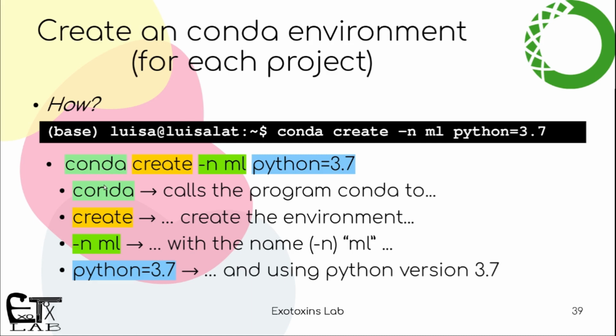Then I say conda create the environment with the name ML. I tell it this is the name because of this little flag, -n, which tells the computer to treat the next text as the name of the environment. I tell it to use version 3.7 of Python.